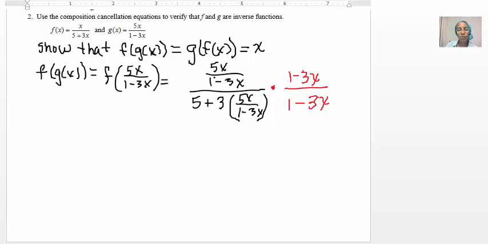So when I multiply 5x over 1 minus 3x times 1 minus 3x, I merely get 5x. When I multiply 5 times 1 minus 3x, I get 5 times 1 minus 3x.